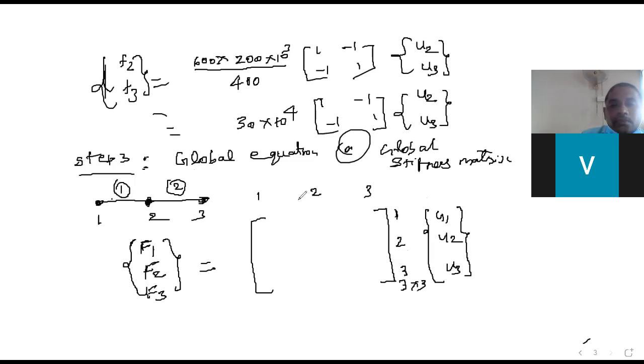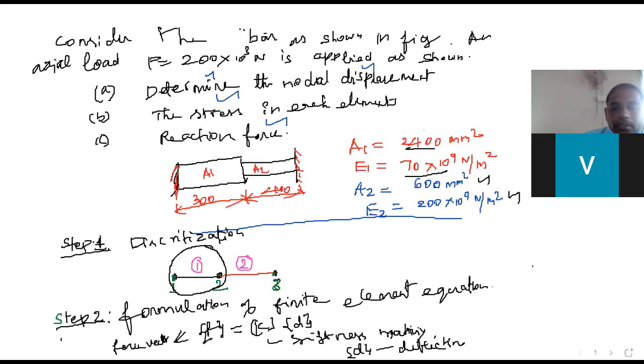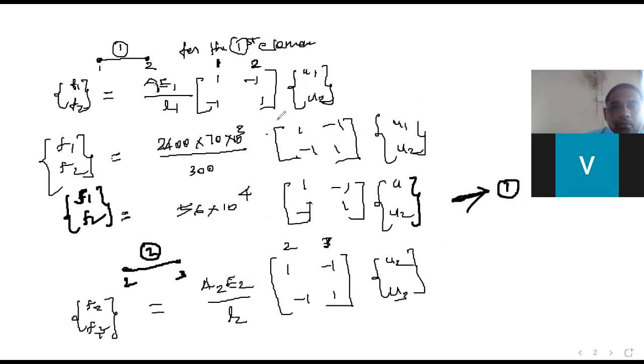If you go to the element stiffness matrix, you have to fill the component 1, 1. So this is the first element. This is 1, this is 2.